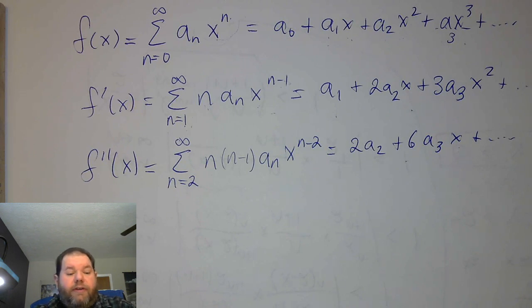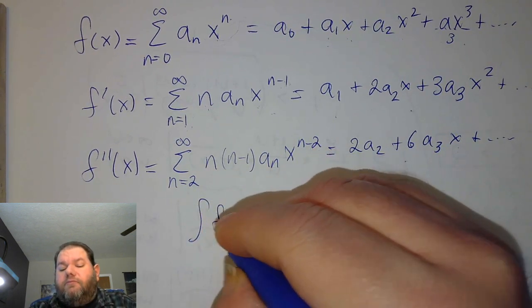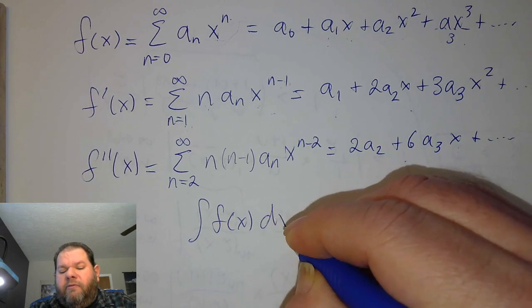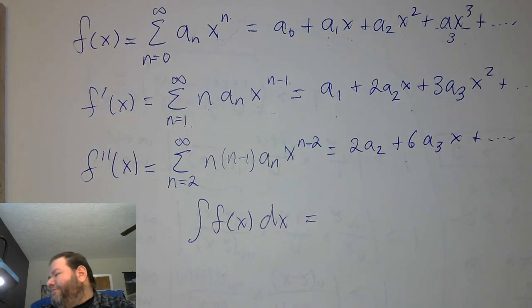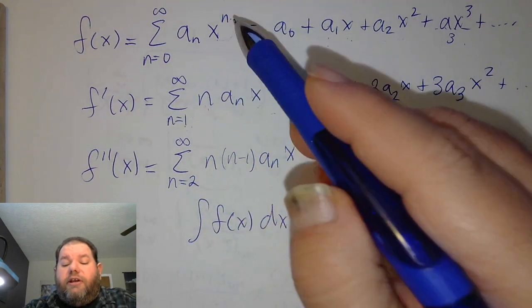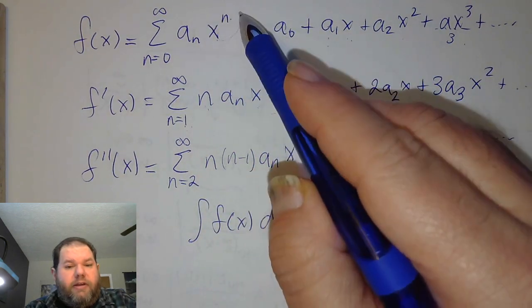The other question is, how would we integrate f of x? Well, the integral is applied the same way we did with the derivative, in which case we're integrating x to the n.